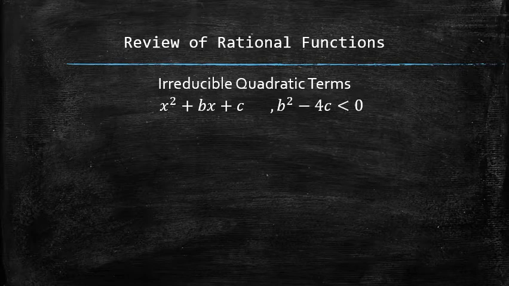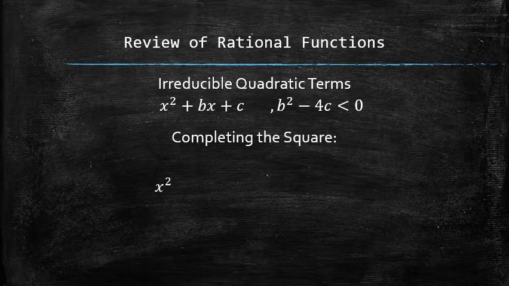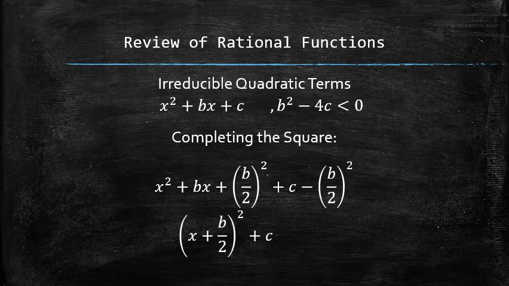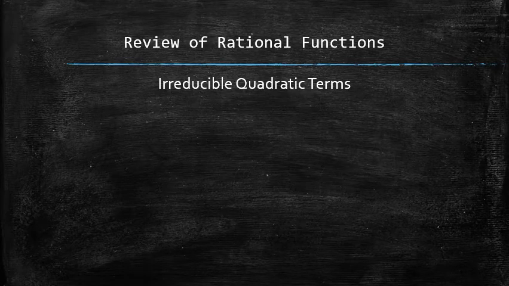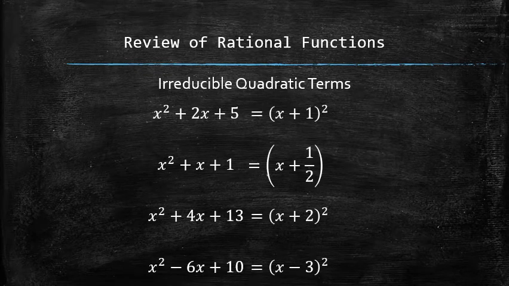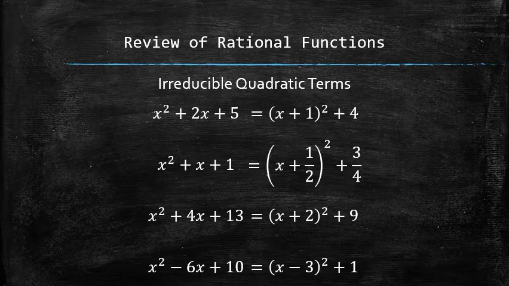One thing that we can do with all quadratic expressions and irreducible ones in particular is completing the square. We complete the square by adding and subtracting the square of half of the coefficient of x. Here are a few examples of irreducible quadratic expressions and their equivalents after completing the square.